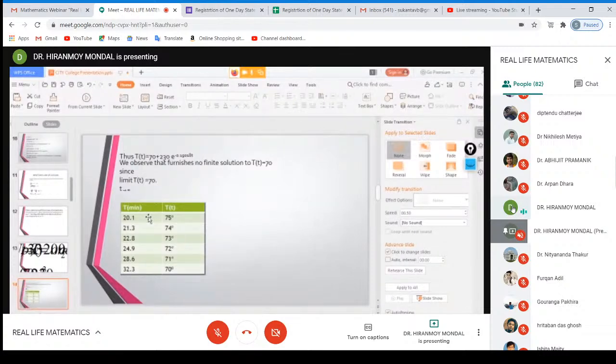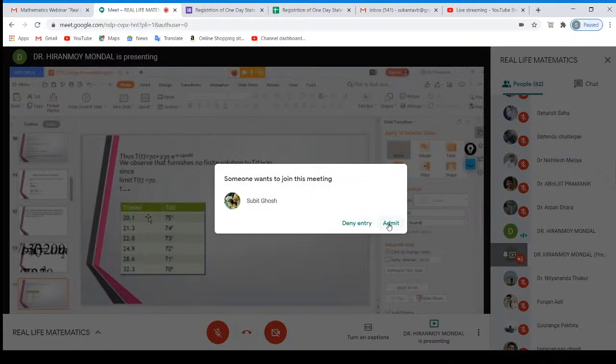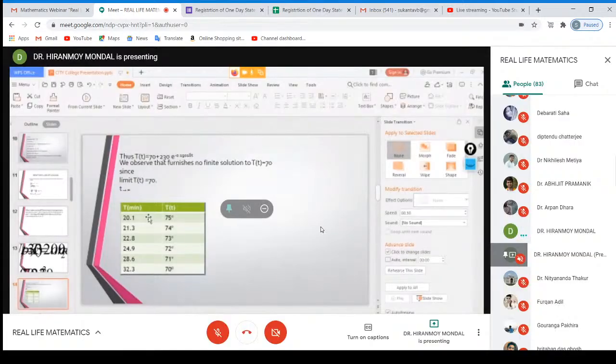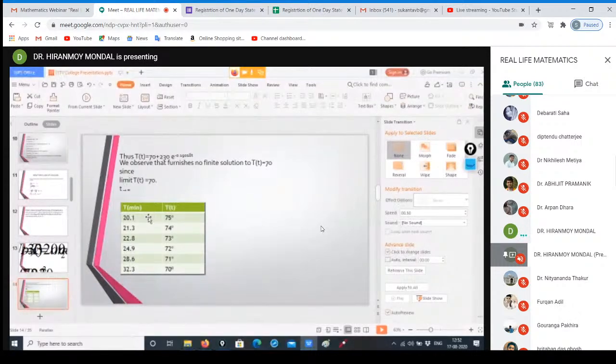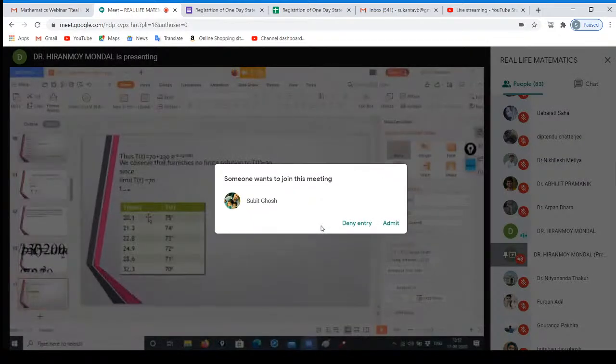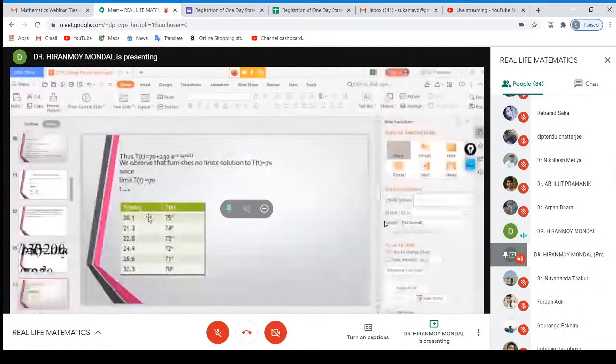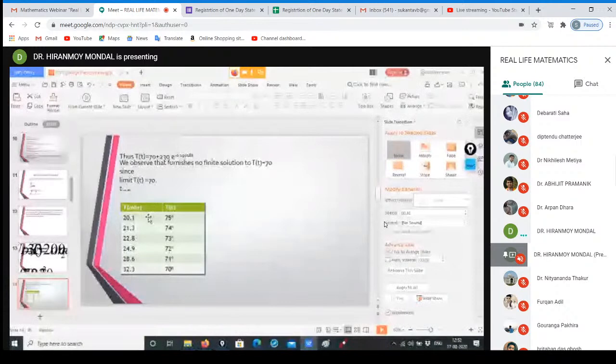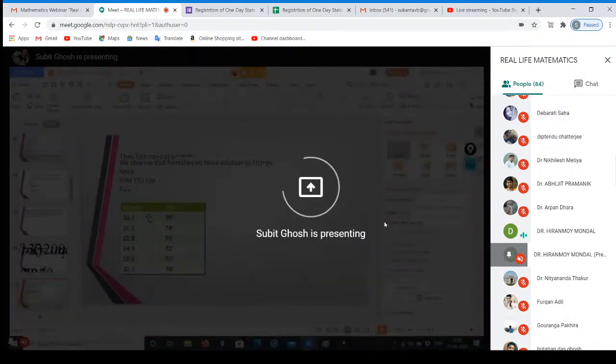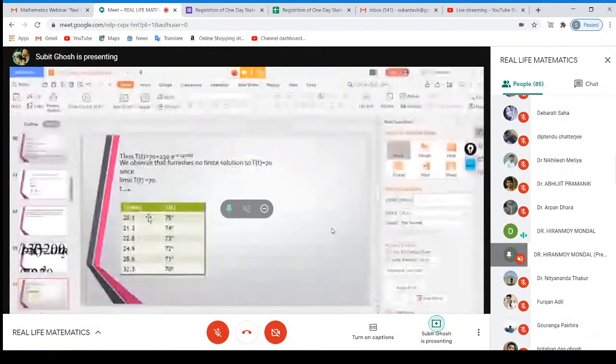That's why I am saying that in our daily life there are lots of applications of differential equations. Mathematics, when you go to the market, you cover some distance, and you can calculate this distance in kilometers or meters. The filling tank question you can also see in our daily or real life.